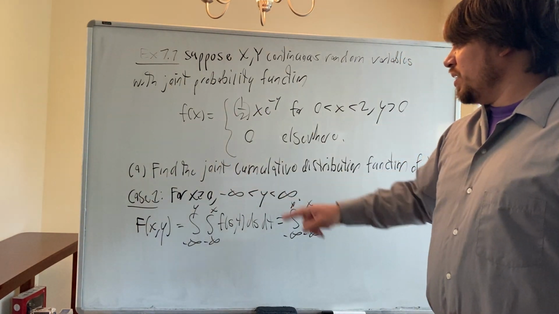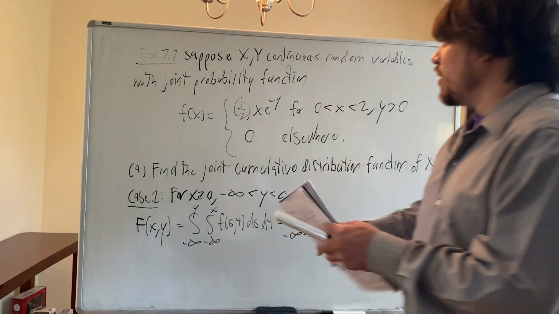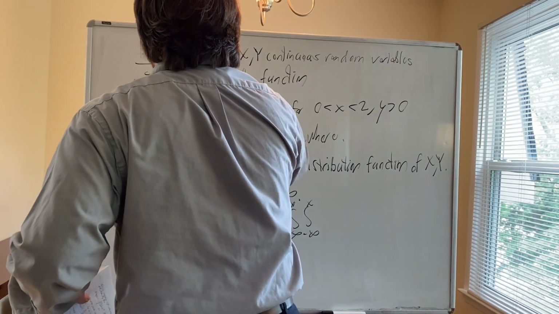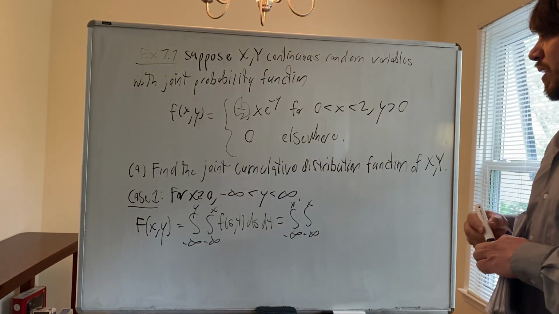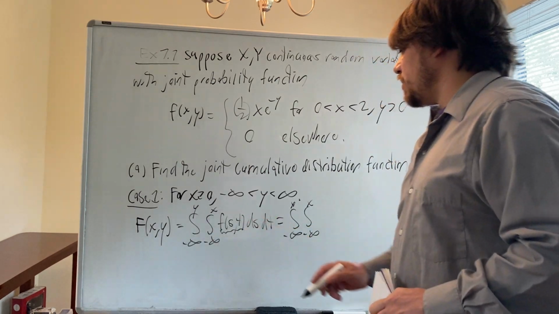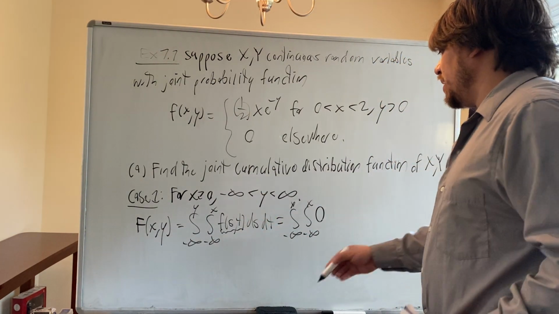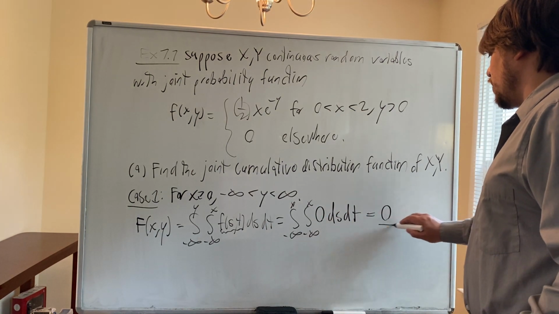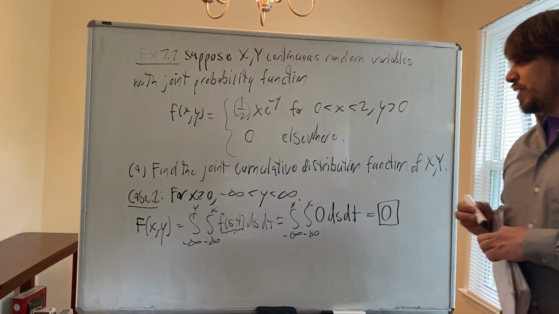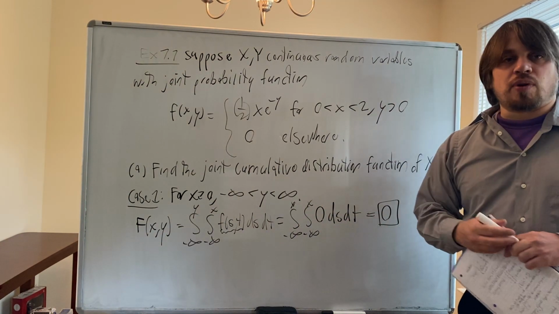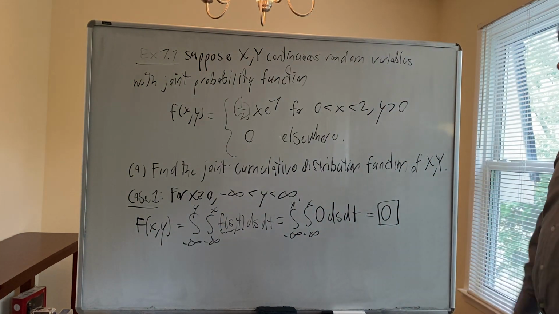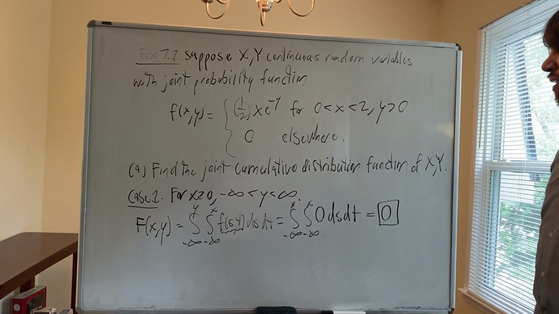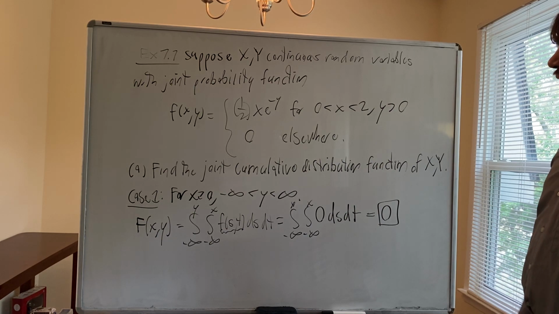So little f of x comma y is 0 here, and so little f of s comma t is 0, and it's 0 ds dt. If you integrate over 0, you get 0. So capital F of x comma y is 0 for those x and y. That is case 1, the first piece of capital F of x comma y that we found.